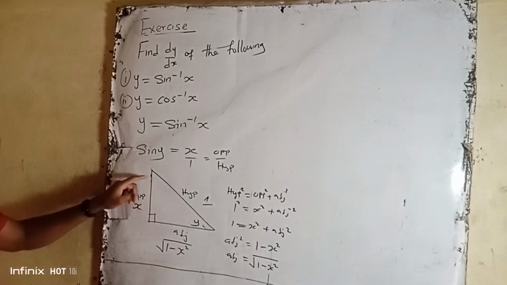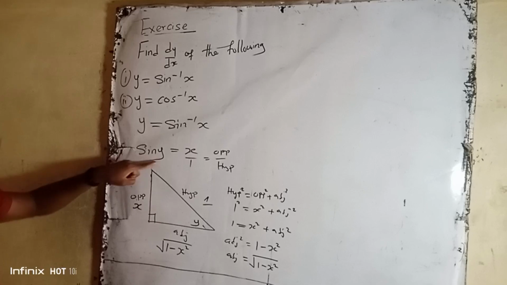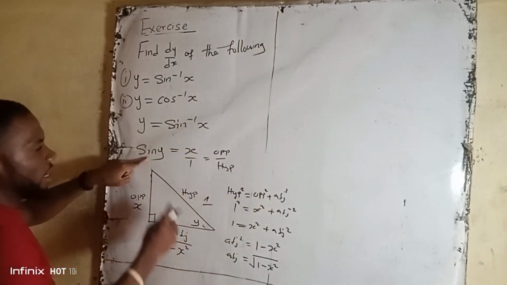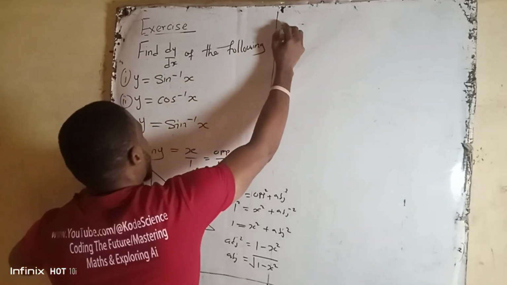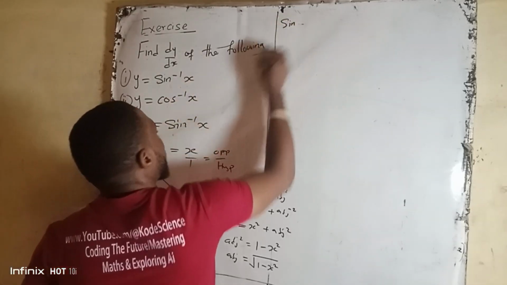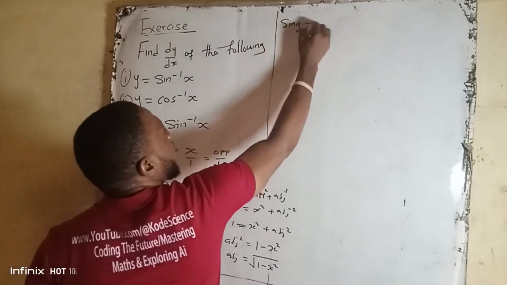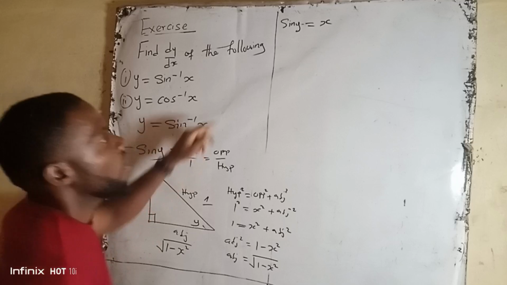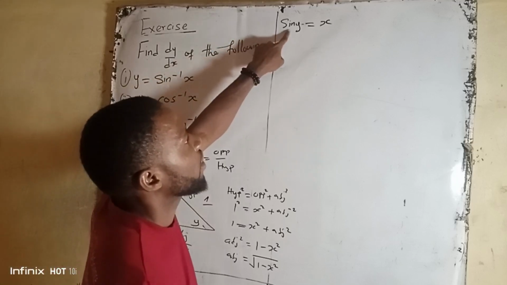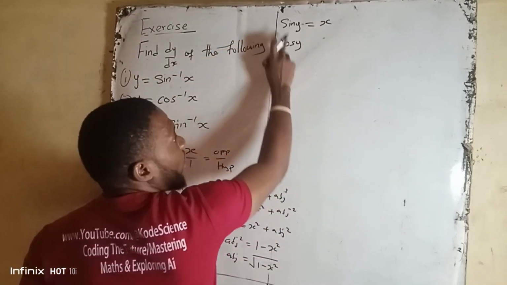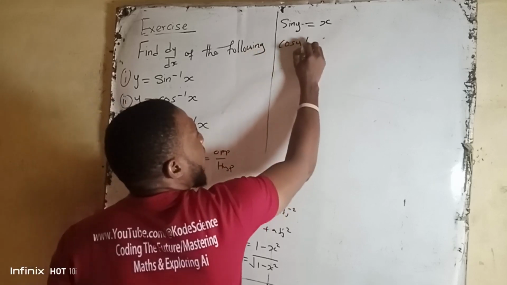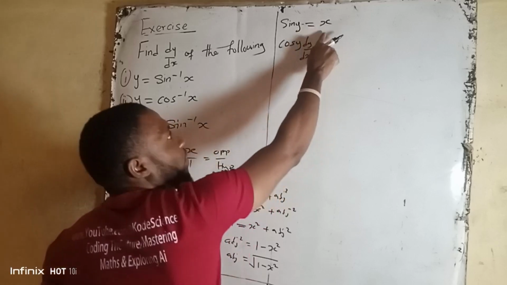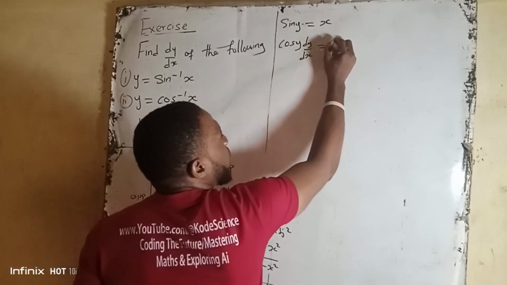Fine. So at this moment, we have gotten something. Therefore, let's differentiate. Back to what we have: sine y equals x. When we differentiate both sides, differentiating sine gives us cos y times dy over dx. Then differentiating x, you are going to have 1.